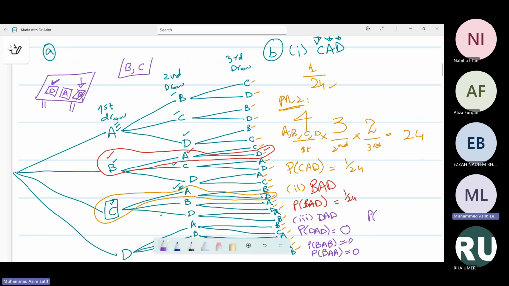What is the probability of getting CCC? That is 0, and so on. We cannot have a repetition, because once drawn, we have placed that card on the table and it cannot be repeated. So that's how this question is to be done. I hope it is clear.